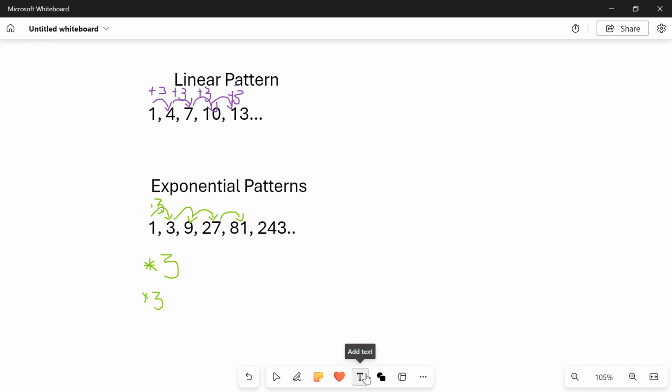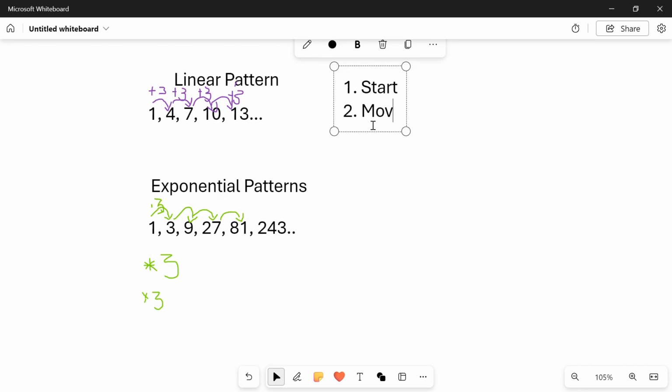Let's go back up to our original linear patterns. To do a linear pattern, I always had to know where did it start. That was the first thing I had to know, where did it start and how did it move, right? We said begin and move, and we said y equals mx plus b.